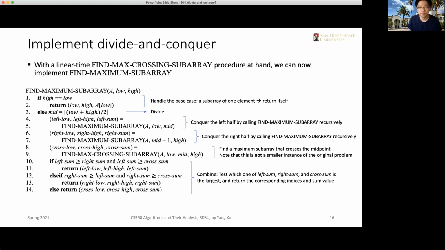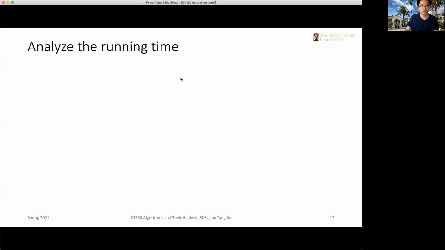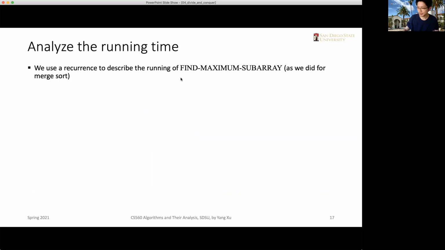After the combine step is done, we return whichever summation is larger, and the indices that correspond to the maximum subarray. It's already the end of the class, but let me finish this slide.